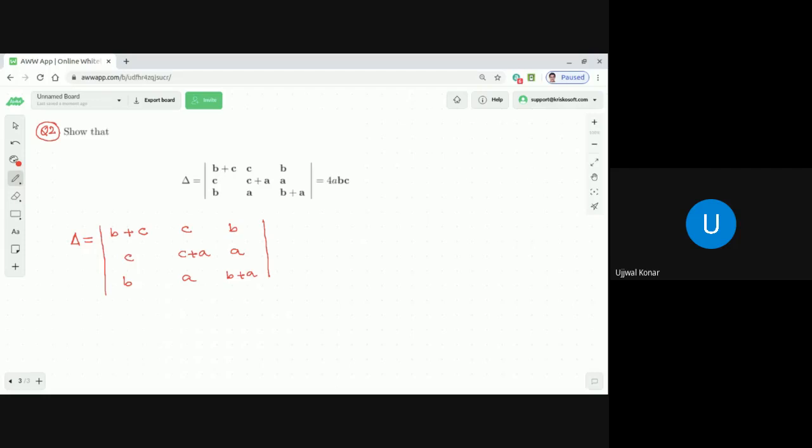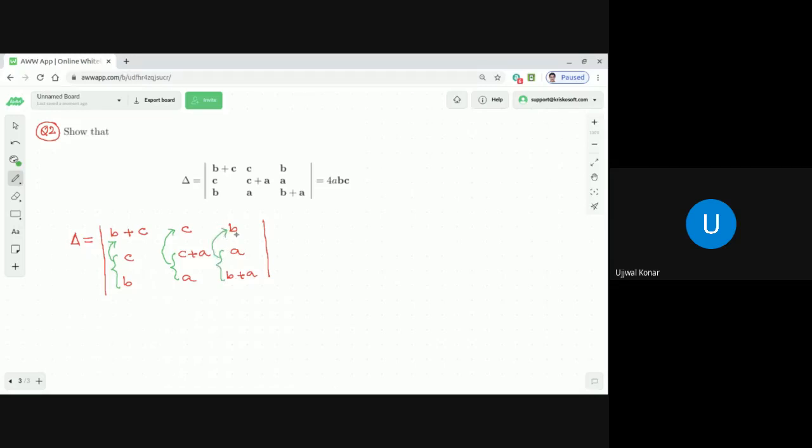What I see, dear students, if I use a different color, is that B and C is there, which I can club here. C and A is there, which I can club here. A and B plus A is there, which I can club here.